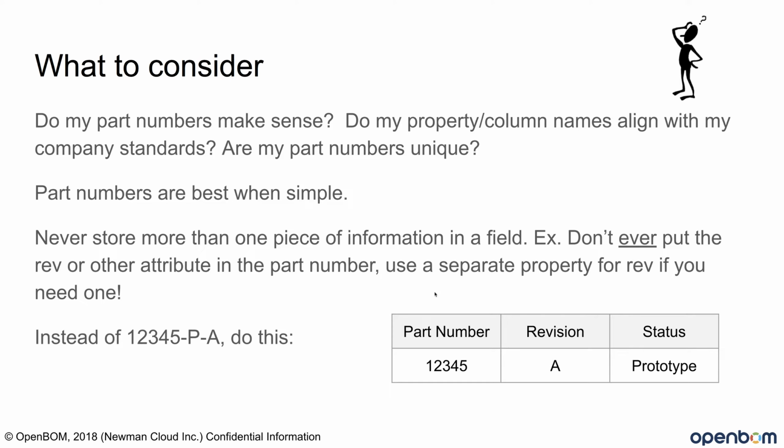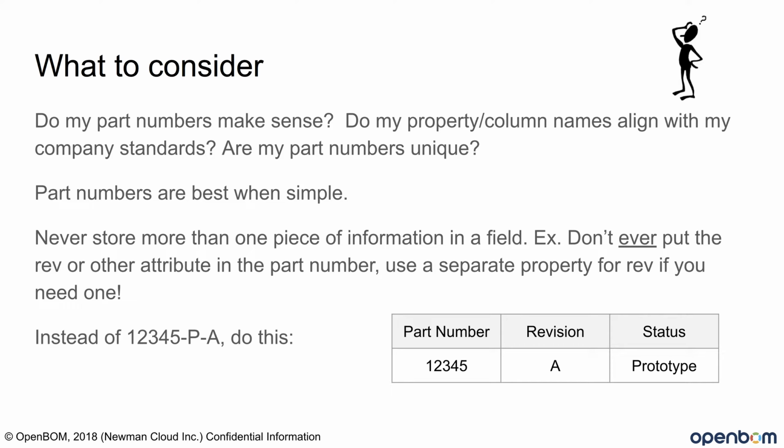So what are the things to consider, first of all, when I'm designing my bill of material? What are some of the components that go into it, and some of the things that should have some thought up front? First and foremost, part numbers. Do my part numbers make sense? Have I given the proper attention to my part numbers? If I'm a startup or an early company, am I making the right choices about how to design my part numbers?